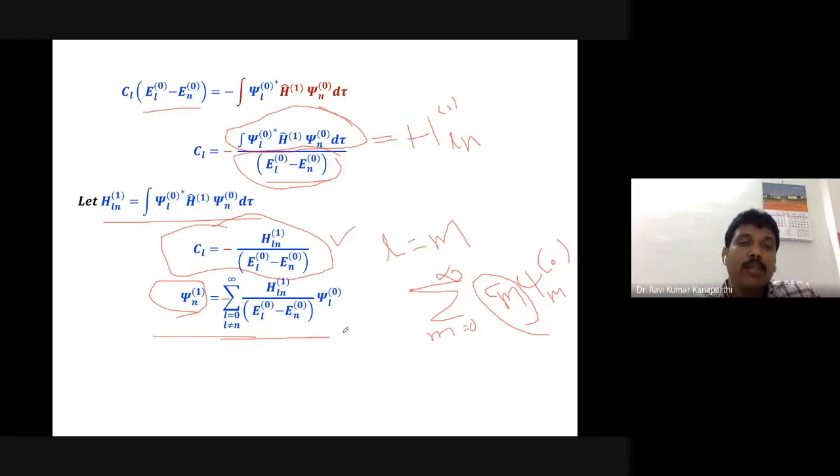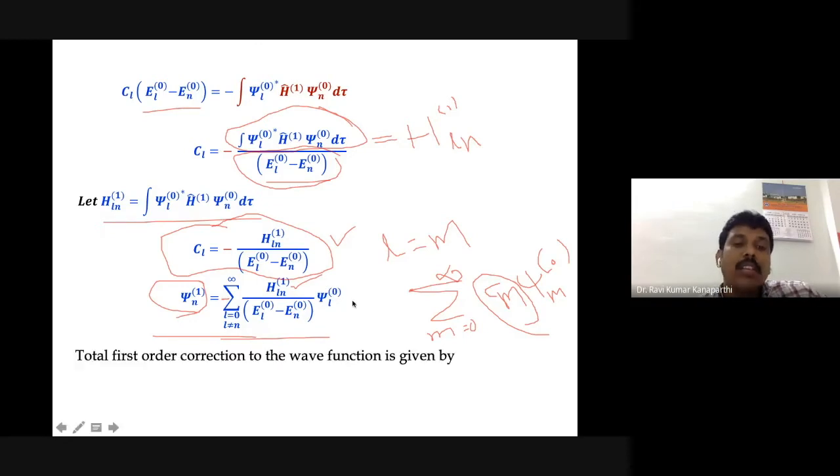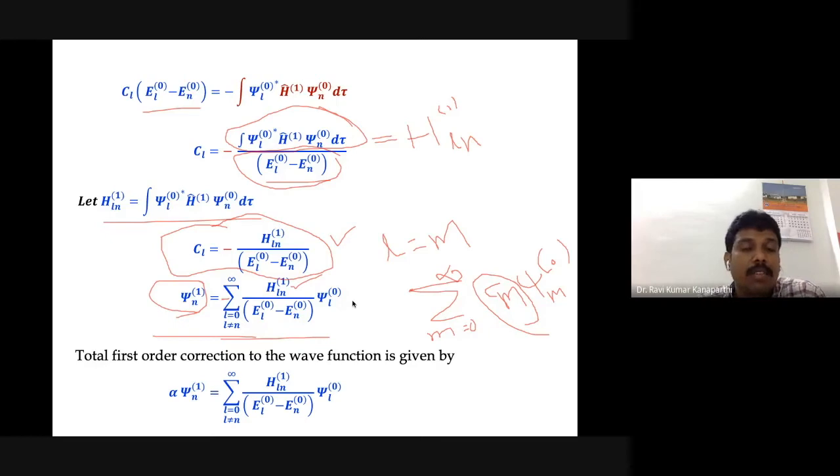If you evaluate this particular integral and the energy difference, and multiply with this wave function, that is the first order correction. Please remember the total first order correction is always multiplied by the extent of the perturbation parameter, alpha. Since we are dealing with first order corrections, it is alpha to the power 1, that is alpha.